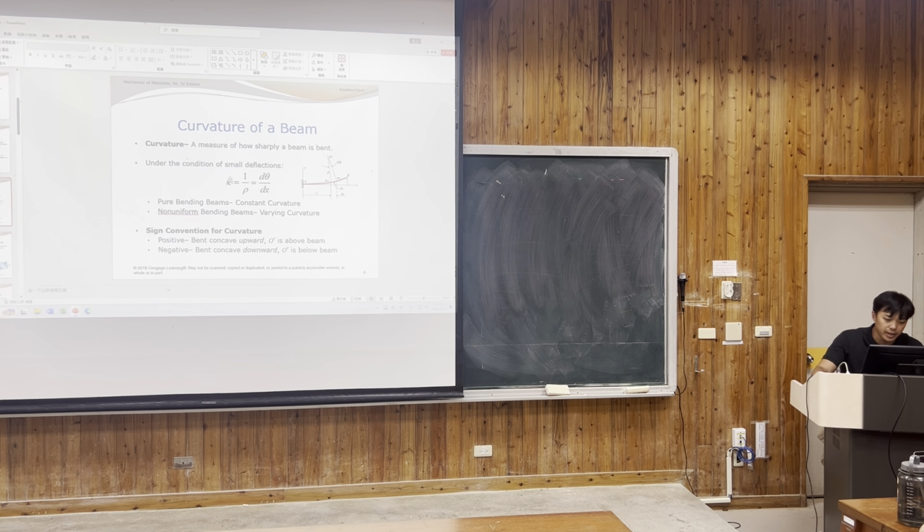So another thing is that we have to define where is positive and where is negative. When the concave bends upward, it means that the center right here is above the beam and it is positive, and when the concave bends downward and the center is below the beam, it will be negative.